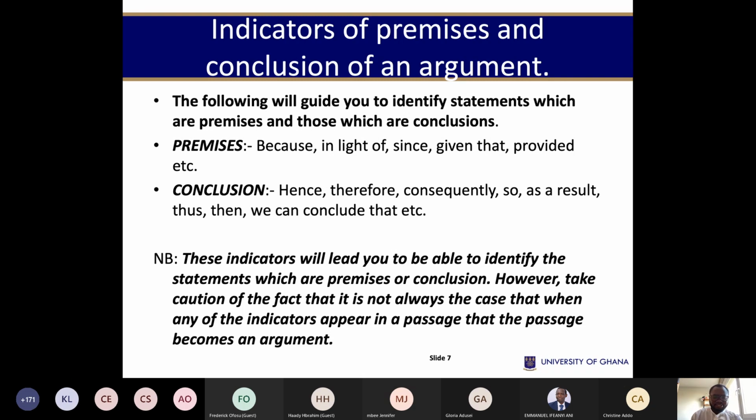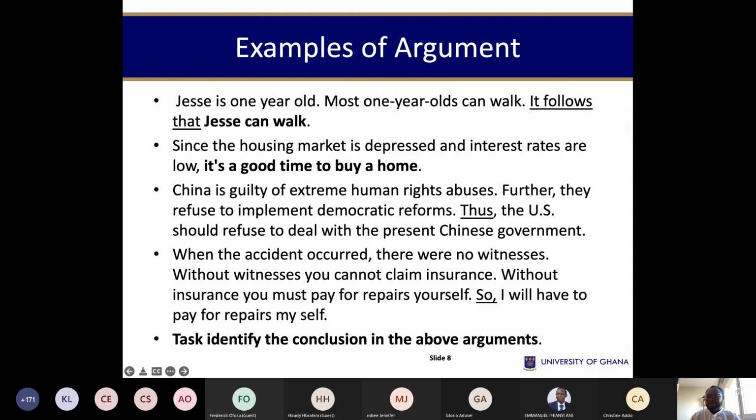Under premise indicators, we looked at because, in light of, since, given that, provided, etc. Then for conclusion indicators: hence, therefore, consequently, so, as a result, thus, then, we can conclude that, etc. Then I told you that anytime you see one of these, your mind should be pointing in a particular direction: that perhaps what you are seeing is a premise indicator, and for that matter, the statement that follows is a premise. So let's look at some examples of arguments.